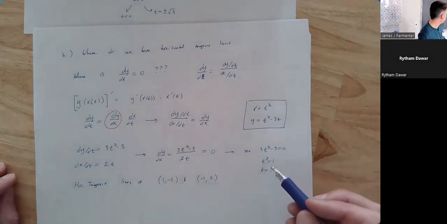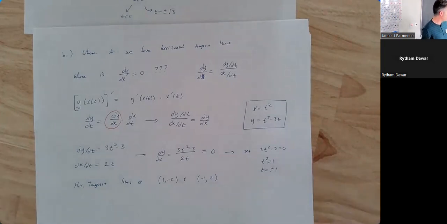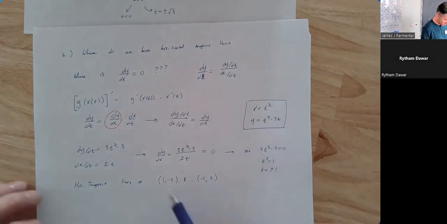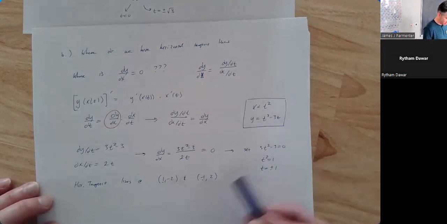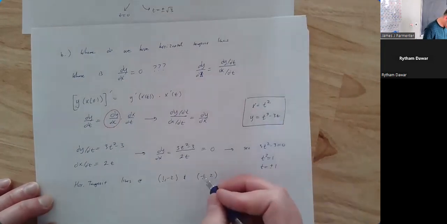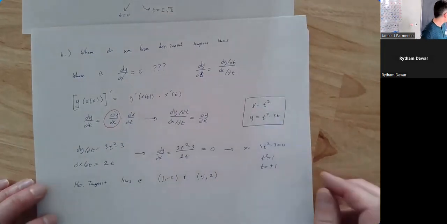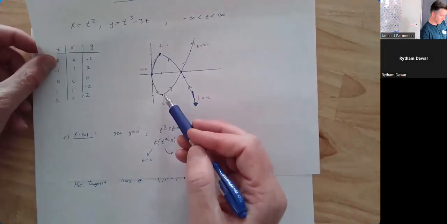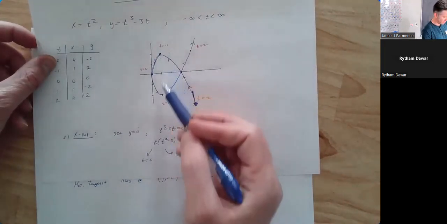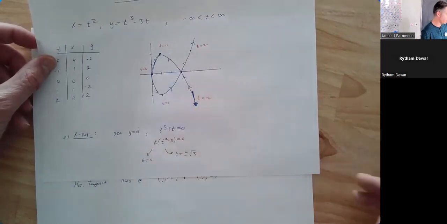Sorry, I mean, so again, I made the mistake of thinking of t as my x coordinate instead of x as my x coordinate. That's t equal to 1, x is 1 squared, which is 1. That's t equal to negative 1, x is negative 1 squared, which should be positive 1. Which is obvious if you look back at the graph. I was just looking at my graph, I'm like, that doesn't seem right, that I'm getting x equal to 1 and y equal to 2 and x equal to negative 1. That was totally the wrong thing.